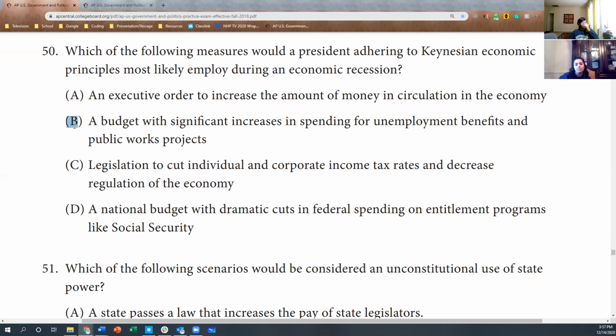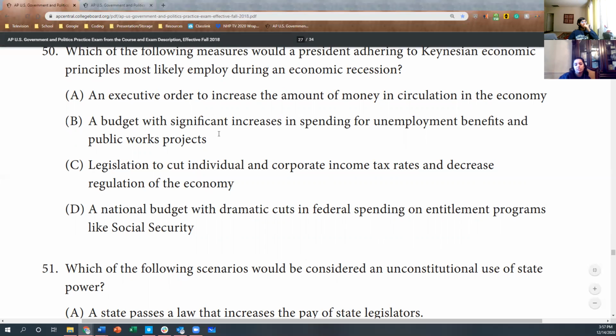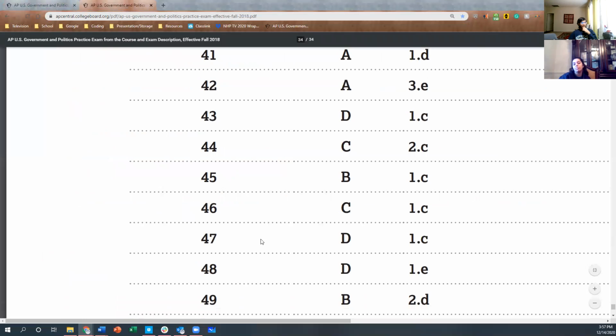B? Yeah. I think, wait. Spending for public. Wait. Why would there be unemployment benefits? Wait, let's see. What about individual and corporate income taxes? No. Looks like it's B. The public works project seems good, but I'm not sure about the unemployment benefits.